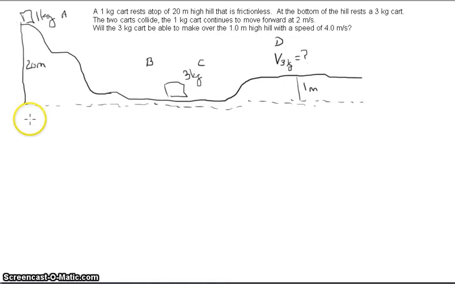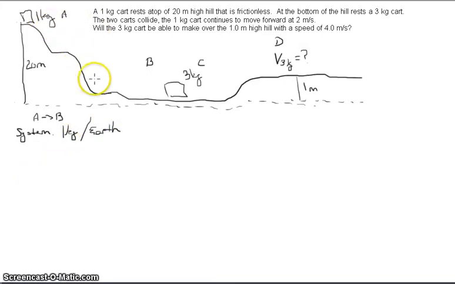All right, so if we look at this from A to B, the 1 kilogram mass is going down a frictionless hill. So if we consider from A to B our system being the 1 kilogram mass and the Earth, it will have gravitational potential energy.